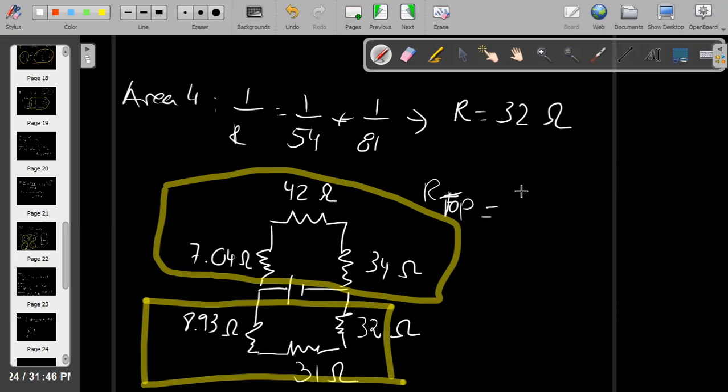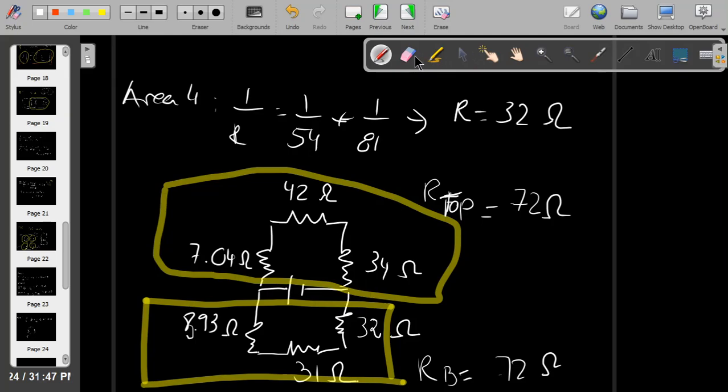If I do the same thing for the bottom, I'm going to put just a B for bottom, you also need to be adding them up because they're in a series. So 8.93 plus 32 plus 31. I gave you the numbers incorrectly.